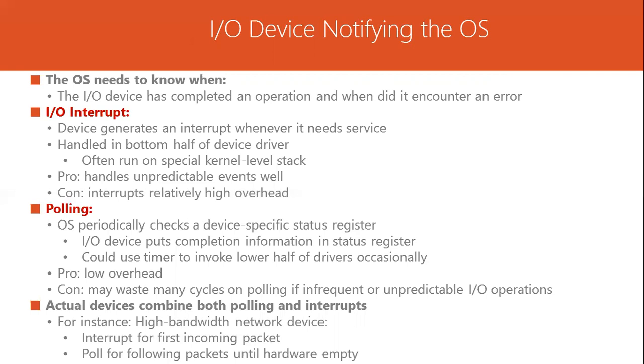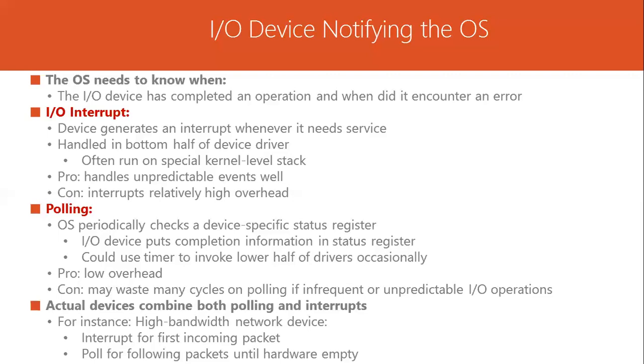So what usually happens is that the first packet causes an interrupt. Once it gets into an interrupt handler, the other packets are polled until it empties out the network card. And then it re-enables the interrupts and gets back to the non-polling state. So it's a combination of interrupts and polling, to get an interrupt on the first packet and poll for the rest, right?